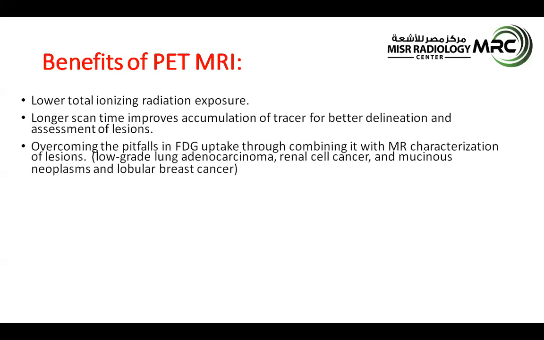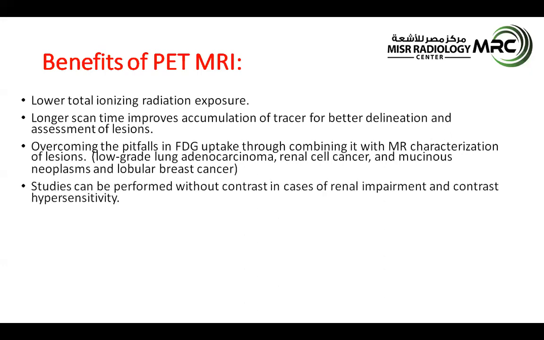Also, it overcomes the pitfalls of FDG uptake in some of the lesions where there is intrinsic low affinity to FDG, including the low-grade lung adenocarcinoma, renal cell cancer, mucinous neoplasms, and the lobular breast cancer.